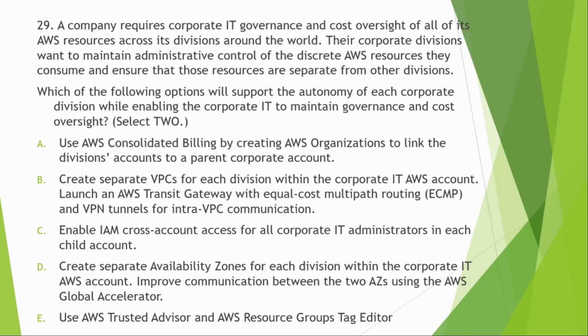Which of the following options will support the autonomy of each corporate division while enabling corporate IT to maintain governance and cost oversight? So, this question is about how you will get integrated details of the cost and how will you support the autonomy of each corporate division. Okay, they have divided it, and how will you maintain those inside AWS.